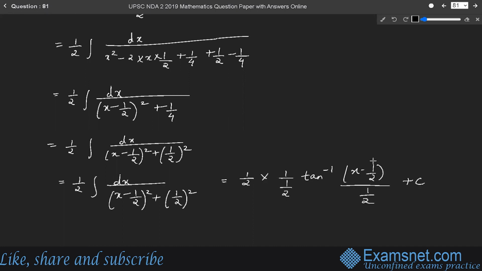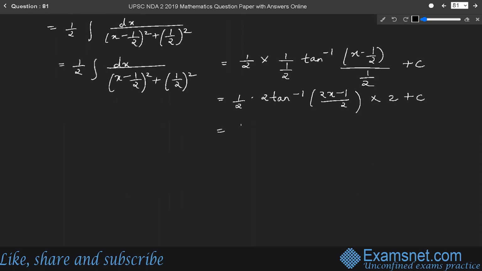We have used the formula here for the integral of dx upon x square plus a square. So it will be equal to 1 by 2 into 2 tan inverse 2x minus 1 upon 2 into 2 plus c. So this will be equal to tan inverse 2x minus 1 plus c.